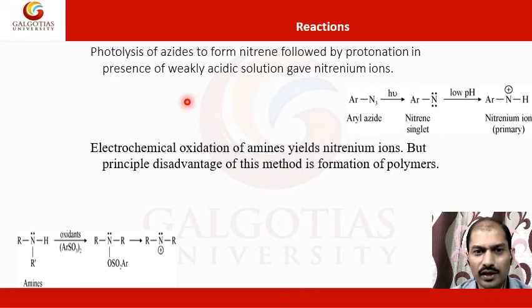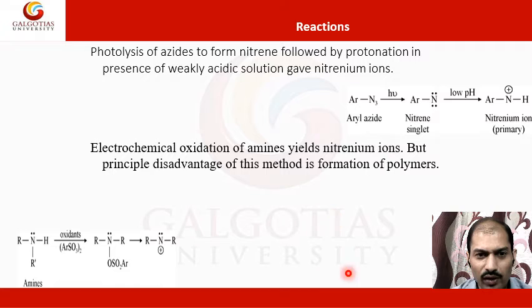Because these are interrelated, nitrene is formed by photolysis, and further at low pH it converts into the nitrenium ion. So these have a very close relation during the course of the reaction, and we need this idea once we study the nitrene.